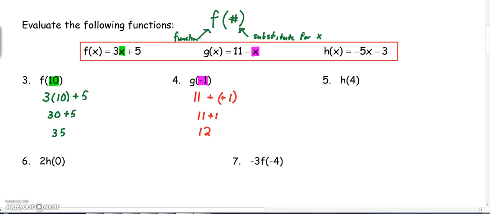Number 5, h of 4. So we're going to use our h equation, and we're going to put 4 in for x. When I substitute that in, I get negative 5 times 4 minus 3. Negative 5 times 4 is negative 20, minus 3 gets me negative 23.